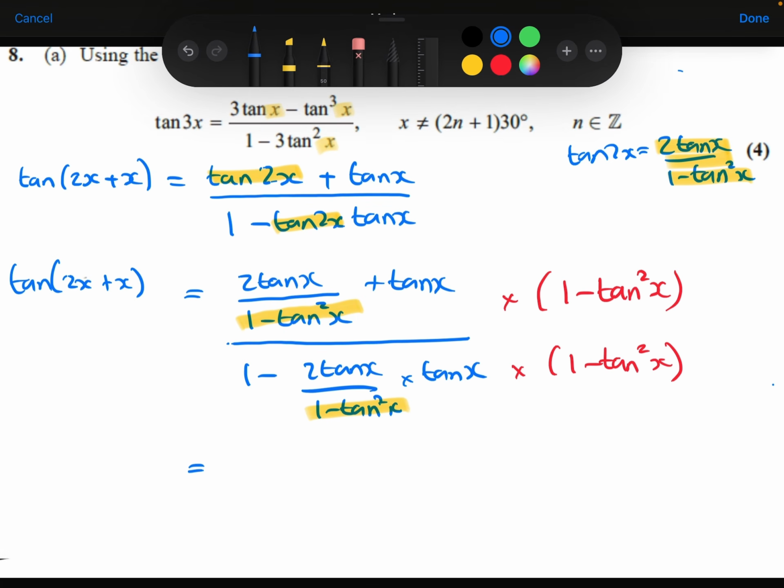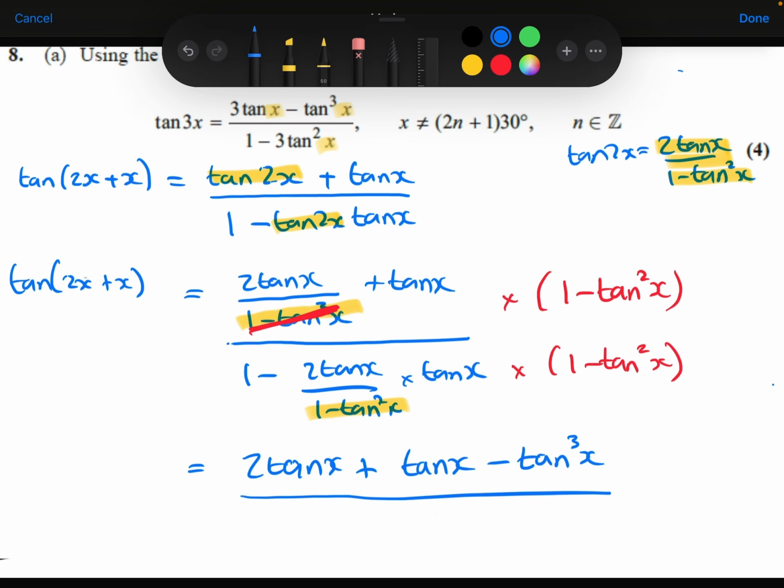So like I say, when I times that on the numerator, that will cancel this out and just leave a 2 tan x plus, now obviously this tan x here, that still needs to be multiplied by that 1 minus tan squared x. So the tan x times 1 is tan x. The tan x times the tan squared x is tan cubed x. Now on my denominator I've got the 1 at the front here, so that needs to be multiplied by the 1 minus tan squared x.